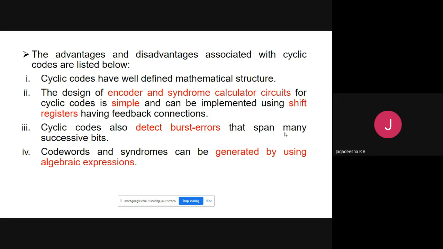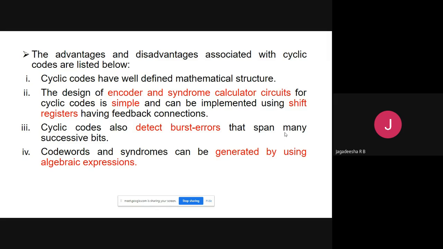Since we have a mathematical structure, it is easy to prove or disprove certain cases. It is easy to apply to the communication engineering field because mathematics everyone knows, and it's easy to deal with. And also we can have a structure if we have a mathematical framework.